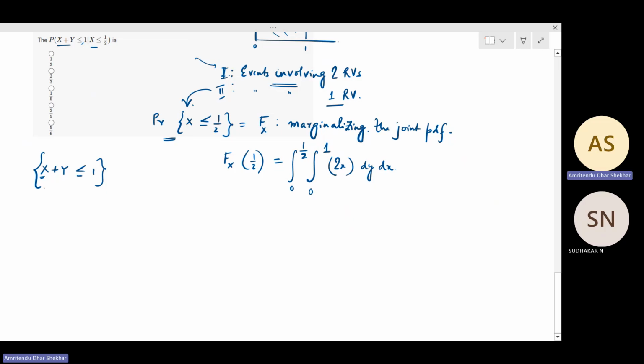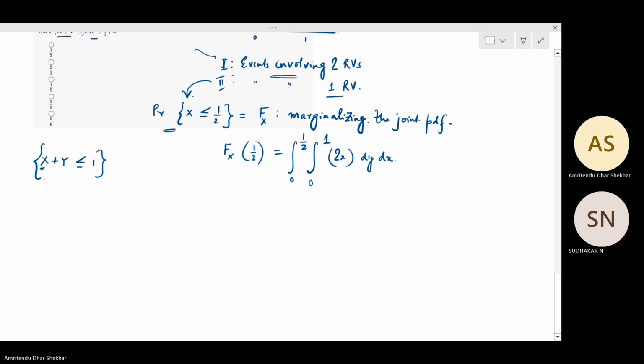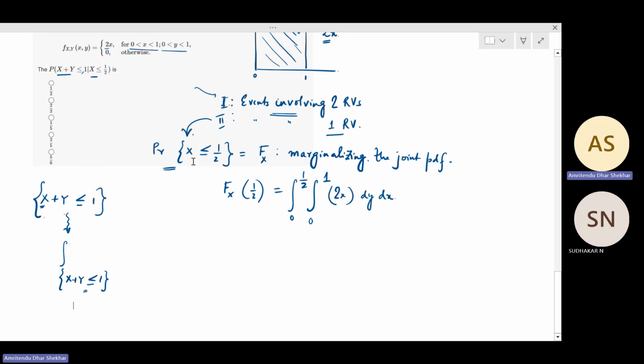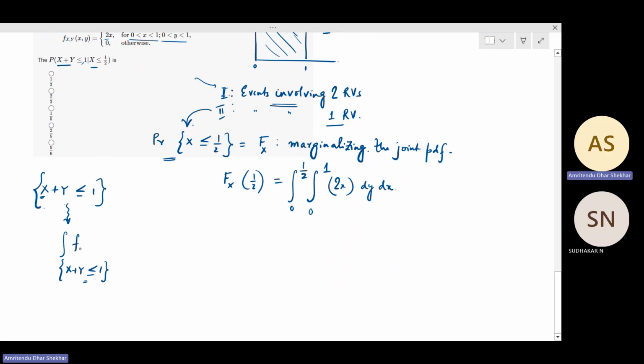If you fix x, then y varies from 0 to 1 minus x, right? If you write this down as a probability, this is equal to the integral over this event, x plus y less than or equal to 1. And of course, you are going to use the density function, which is f of x,y, dx dy.